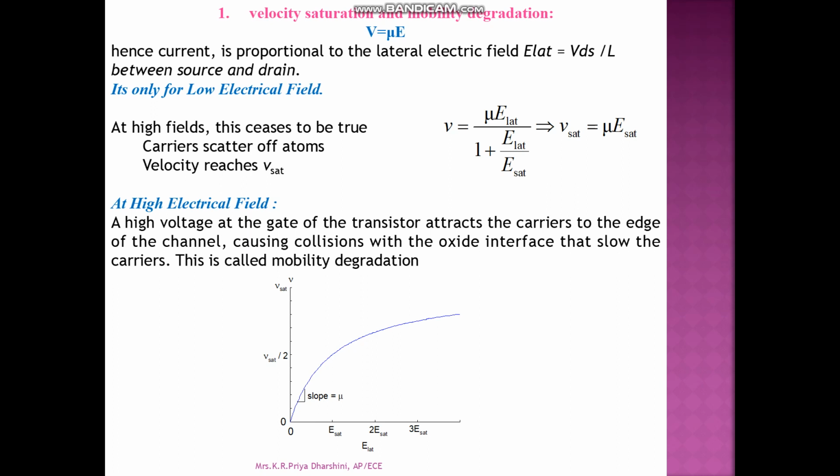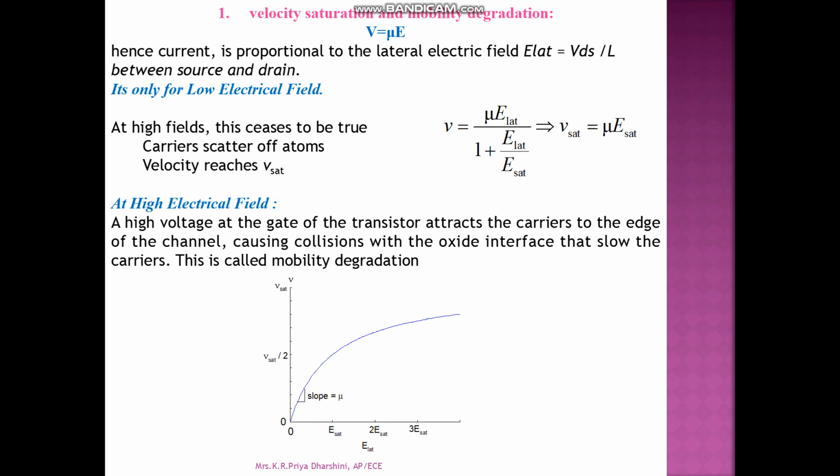This is true only for low electric field. At high fields, this no longer holds true. Carriers scatter off atoms and velocity reaches V saturation. This can be written as velocity V equal to mu into E lateral divided by 1 plus E lateral divided by E saturation, where V saturation is equal to mu into E saturation.